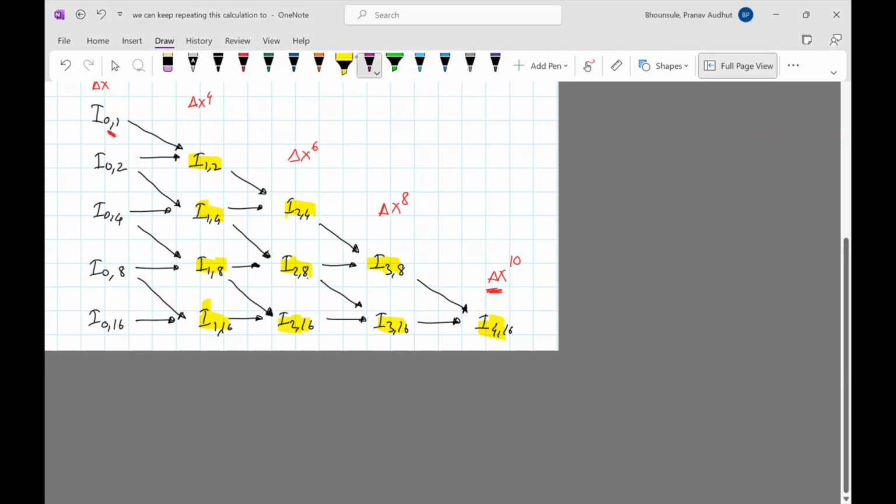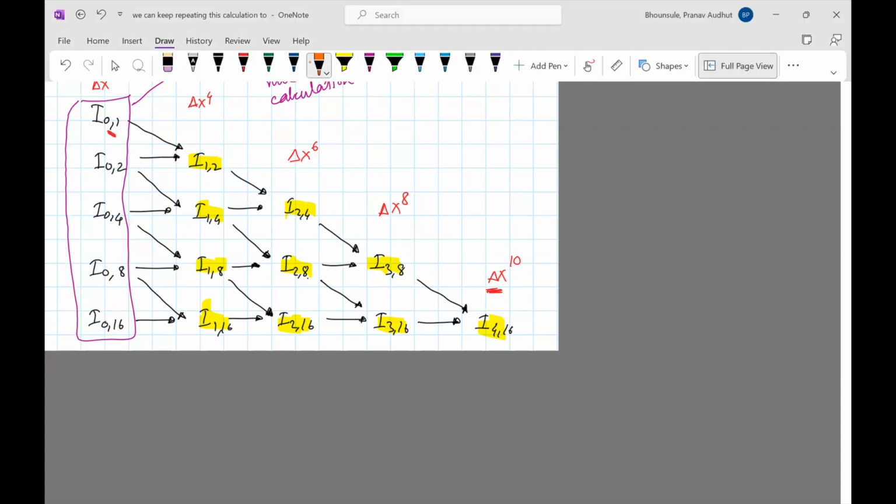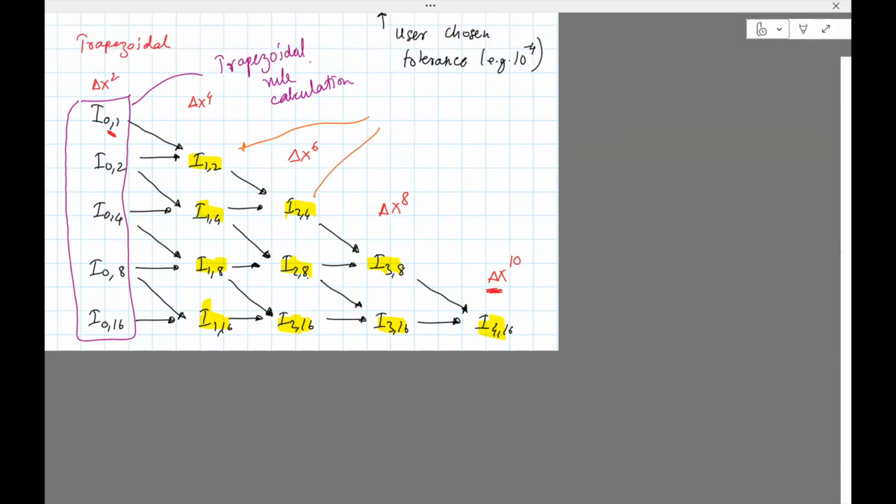So only these ones you need to do trapezoidal calculations based on previous iteration.